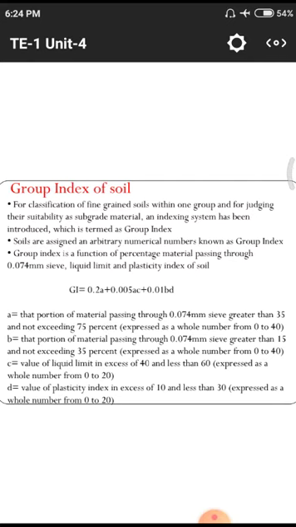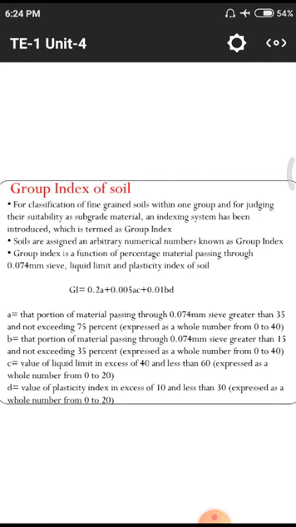All those belong to this group, and some quantity of materials are grouped together to judge those, so it is introduced as the group index method for judging a particular soil type.